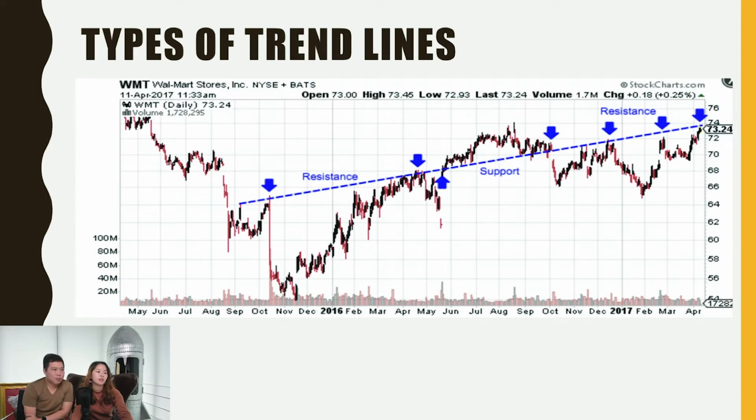I guess this is how we're going to draw ours later. So I guess if the prices don't pass through that line, then it's resistance. And if the prices don't go below the line, it's support. I'm going to assume this is just an example and not a real trend line, because this tells me nothing.